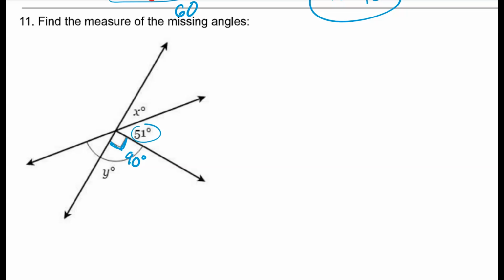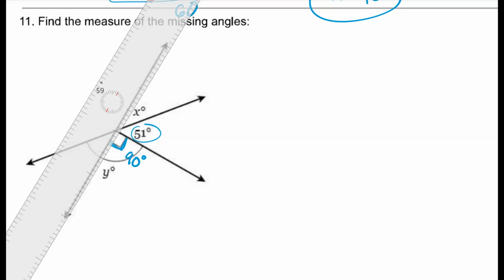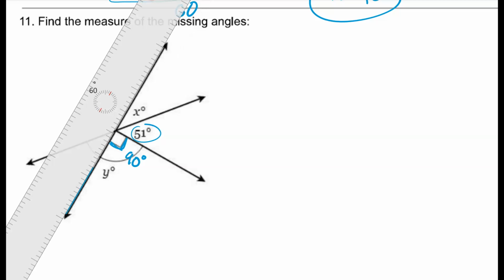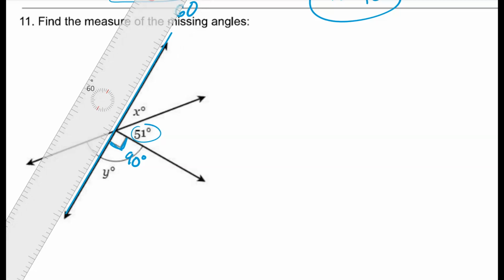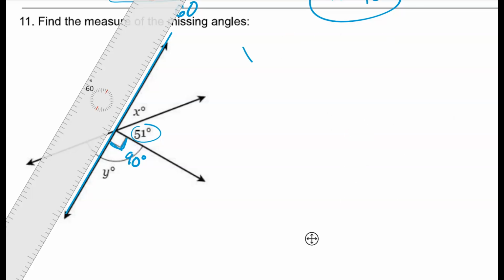I've got 51 degrees right here, and if I'm looking at this straight line that I have, all of the angles that make up the straight line should sum to 180 degrees. And I already have two of those angles, so I could set up an equation: x plus 51 plus 90 equals 180.